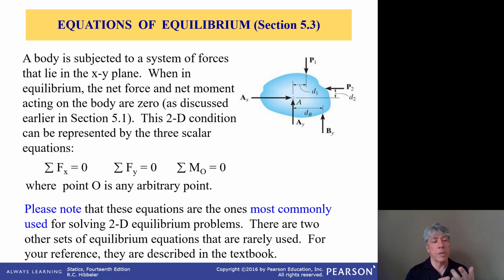You wouldn't have a sum of force in x, sum of force in y, and 2 independent moment equations. It turns out that other moment equation is a linear combination of these 3 equations. In other words, you could derive it from these 3 equations. You could add, subtract, multiply, divide the equations together, or multiply by constants and derive that other equation. You only get 3 independent equations out of this.